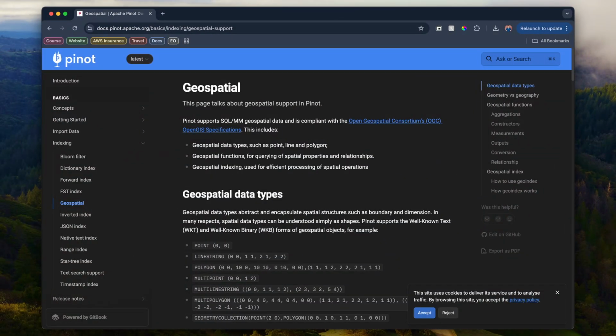Pinot is the toolkit that actually runs analytics in LinkedIn, in Uber Eats, and some of these other applications. So it's very scaled analytics outward. Not great for data processing or anything like that, but it has some interesting use cases for commercial applications that are going to thousands, tens of thousands, hundreds of thousands, millions of users at the end of the day. And it, of course, has spatial queries, so it supports some of those tools as well. So if that's something you need, you can get started there.